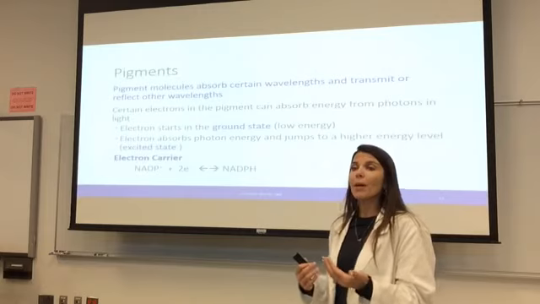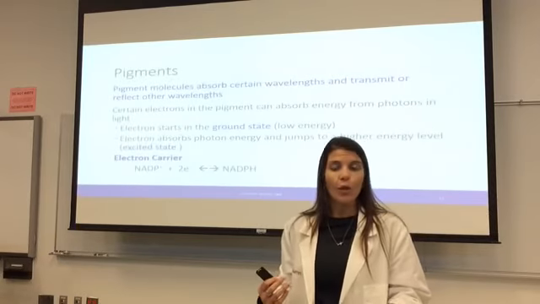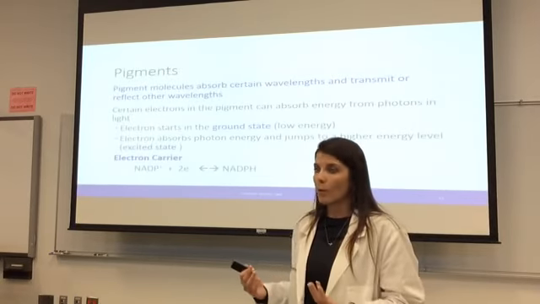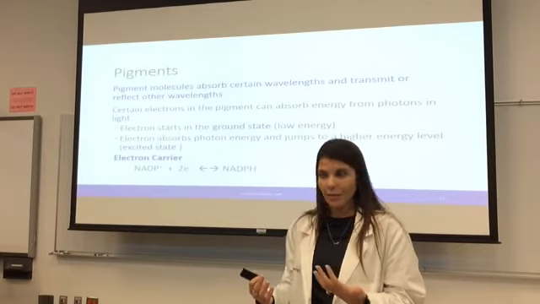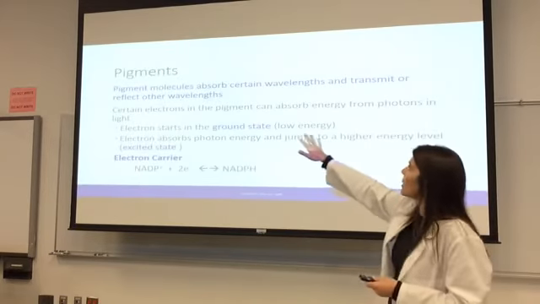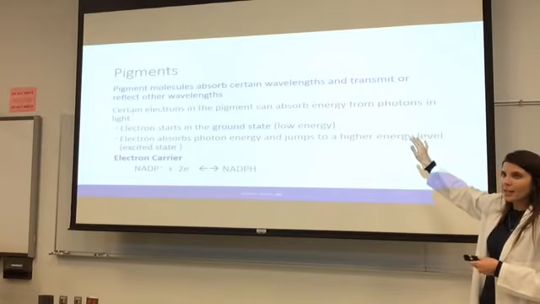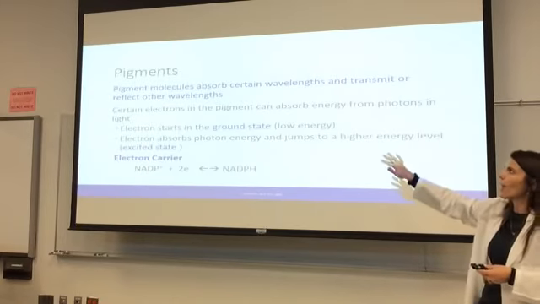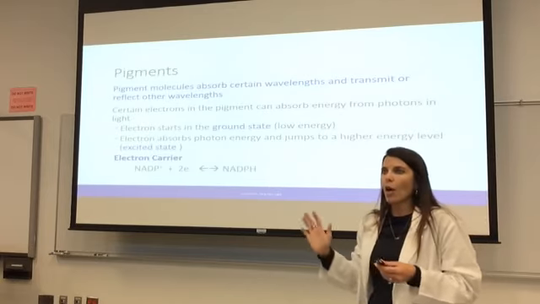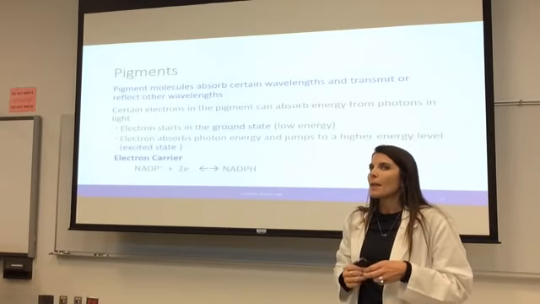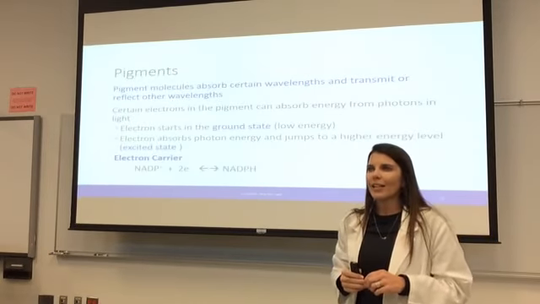The lighter the pigment, the less it absorbs. The darker the pigment, the more it absorbs. Does that make sense? Okay? So pigment molecules absorb certain wavelengths of light, and then they transmit or reflect other wavelengths. How do you know what wavelengths they reflect?